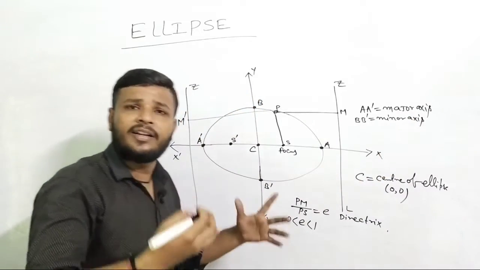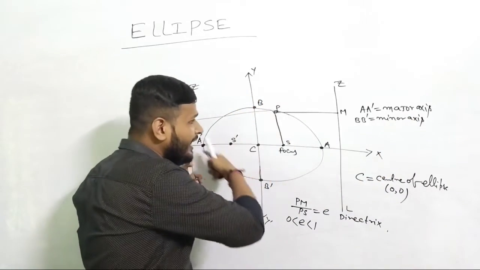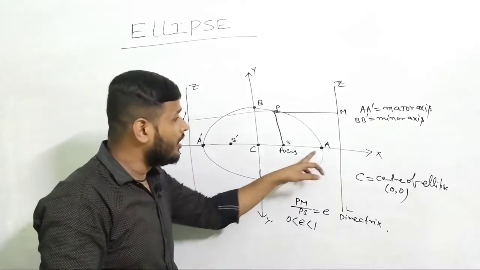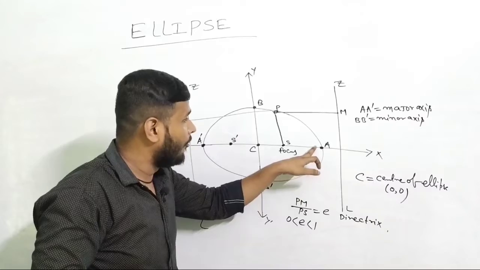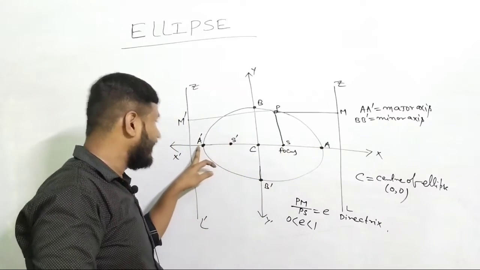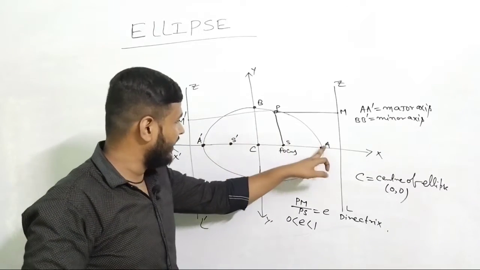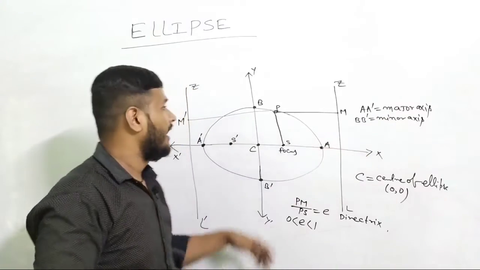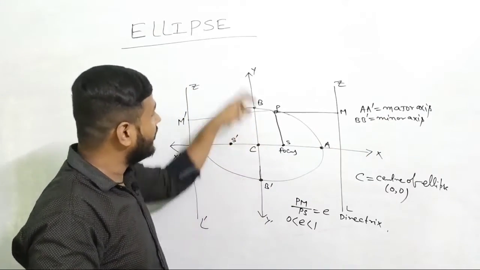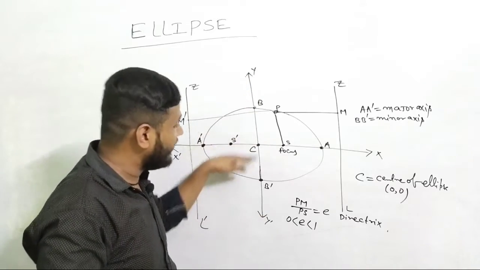What is the major axis and the minor axis? The ellipse cuts the x-axis at the point A and the point A dash. This distance A A dash is known as the major axis of the ellipse. And the ellipse cuts the y-axis at B and B dash.